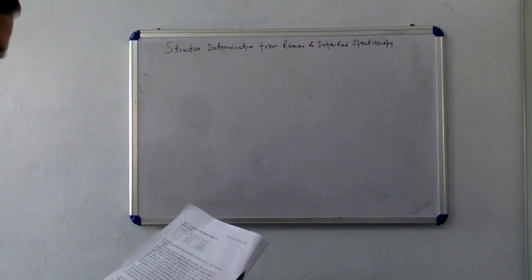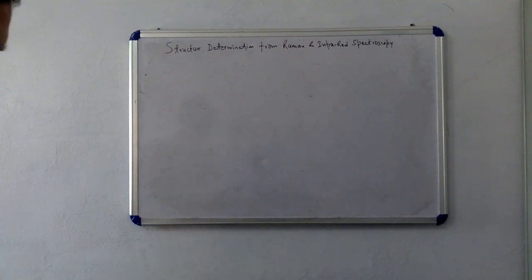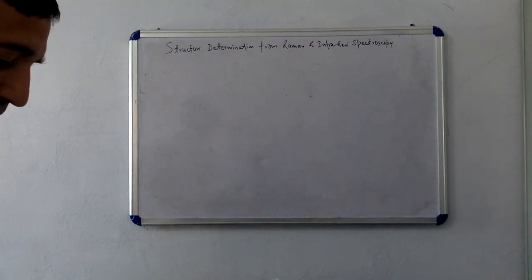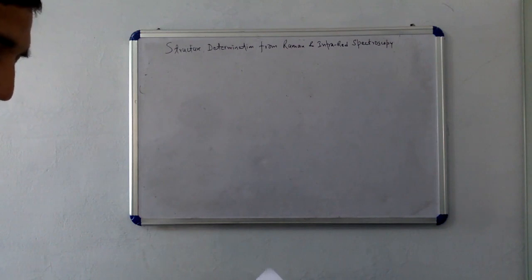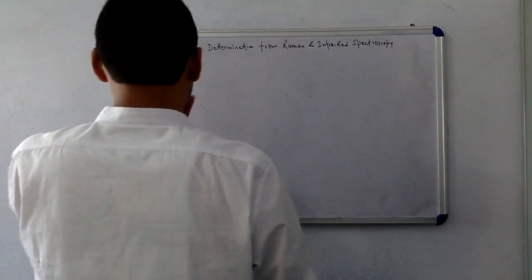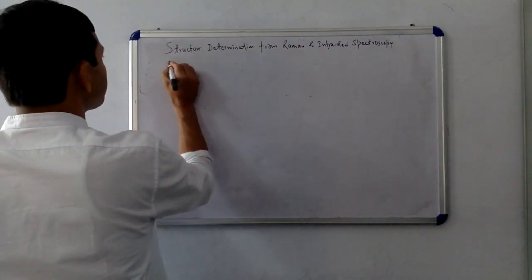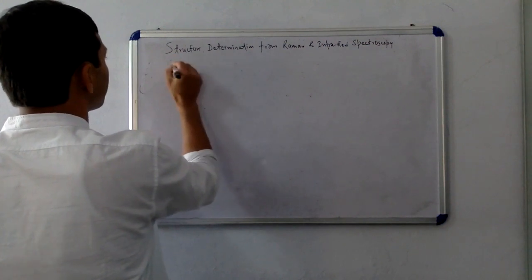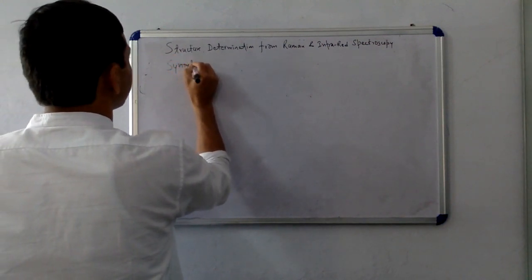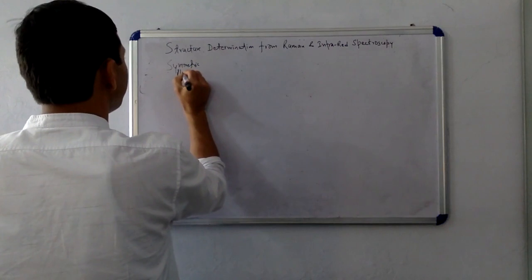In particular, for a symmetric planar and a symmetric pyramidal shape, one stretching mode and one angle deformation mode are each doubly degenerate. So this is the symmetric planar.